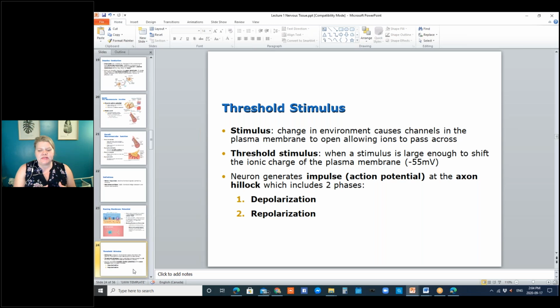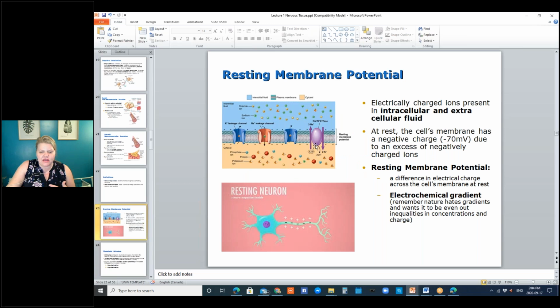But once it reaches threshold, this means that there's a large enough shift in the ionic charge of the plasma membrane to make something happen. And remember, we started off at that minus 70 millivolts at resting state. Well, a threshold stimulus has to cause enough sodium channels to open to allow sodium into the cell to create a little bit more positivity on the inside of the cell.